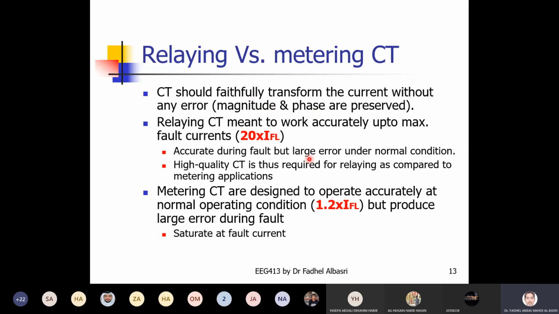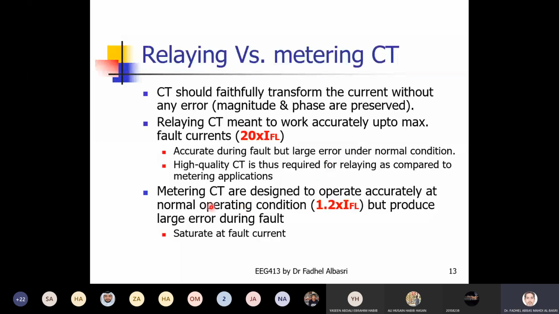Shouldn't change its phase. And so a relaying CT, used for protection applications, normally should handle current accurately up to, let's say, 20 times its rated full load current. So it should work accurately during a fault.